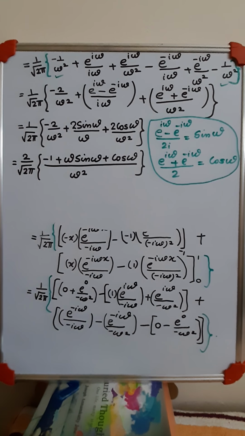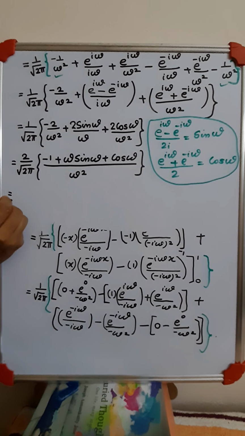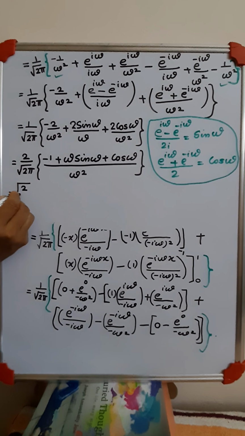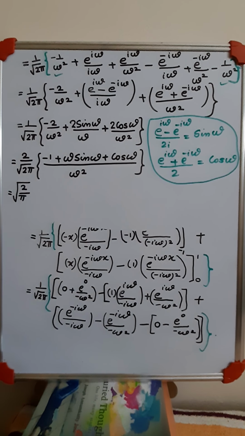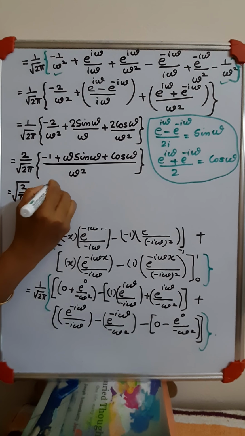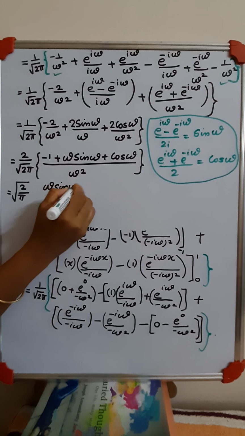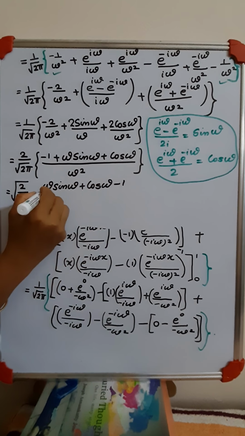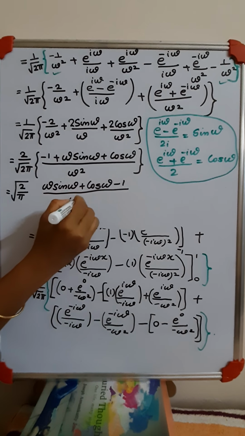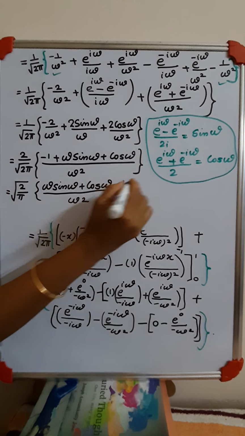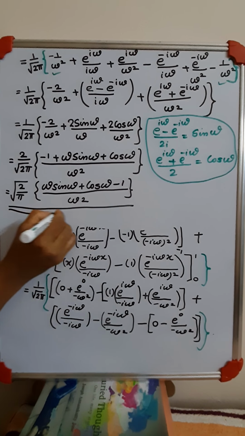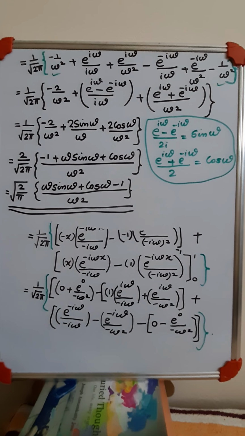Take omega square as LCM. That is root of 2 divided by root 2 is root 2 in the numerator, root of 2 by pi, then omega sin omega plus cos omega minus 1 divided by omega square is the Fourier transform of mod x in the interval minus 1 to plus 1.